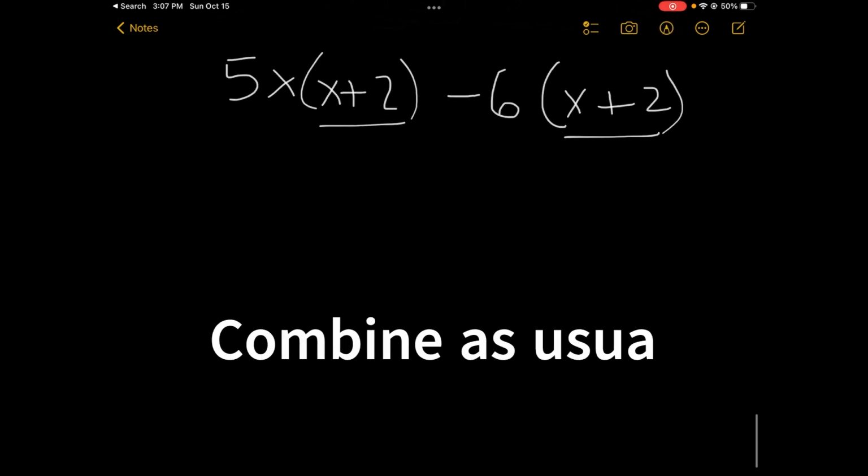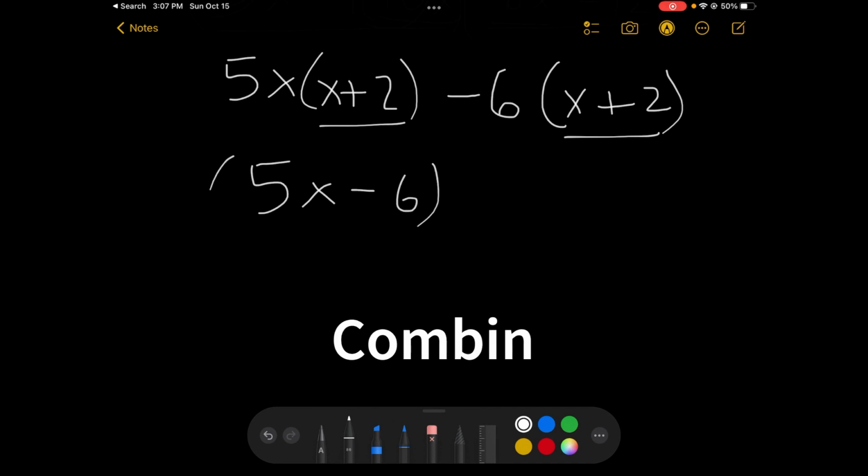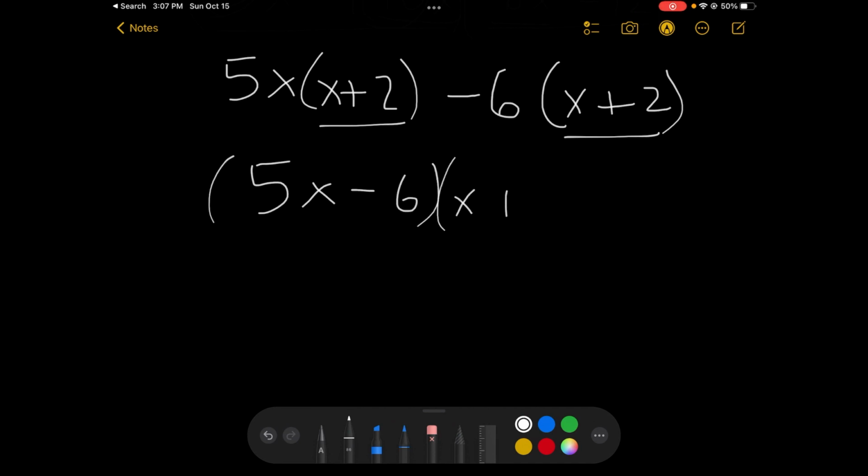So we can combine 5x and negative 6 like this. 5x minus 6 and x plus 2 is equal to 5x squared plus 4x minus 12. And if you multiply it out and check your work, you will find that this is the correct answer.